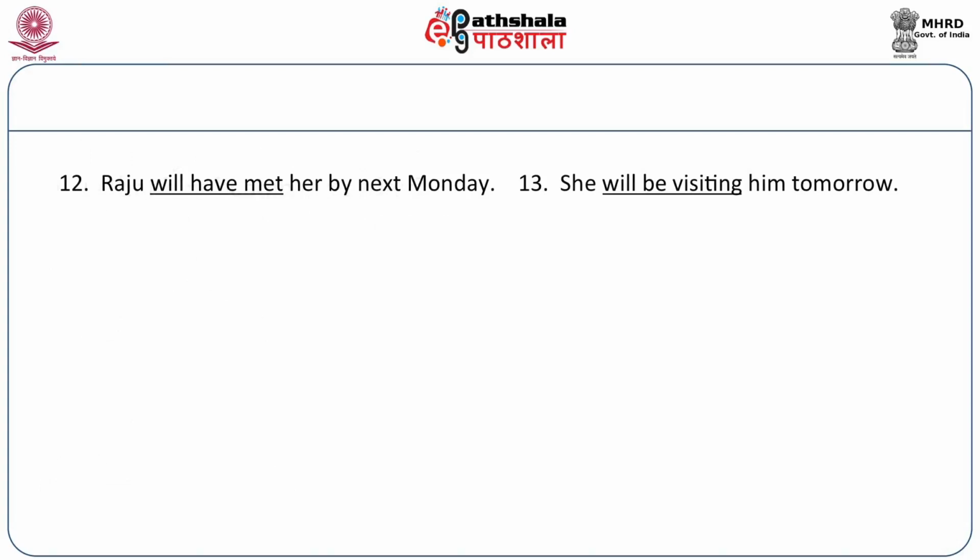Now look at some sentences 12 and 13, where we have the auxiliary verbs and then the verb. In 12a we analyze the verb, not the full verb phrase, but just the auxiliary verb and the main verb. So here we have a modal plus a perfective plus the verb, and then in 13b we have will be visiting.